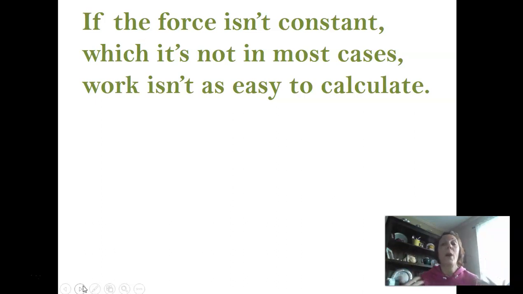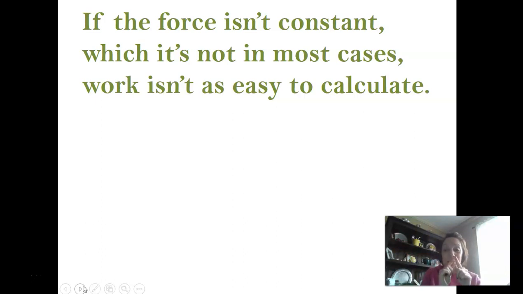When that's happening, we need calculus to calculate the work, because we're going to have to use teeny tiny intervals. Since the force is constantly changing, we have to ask how much work was done on this teeny tiny interval from when the displacement was 0 to 0.1.